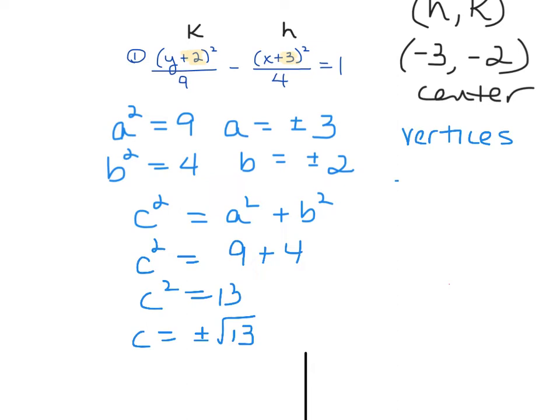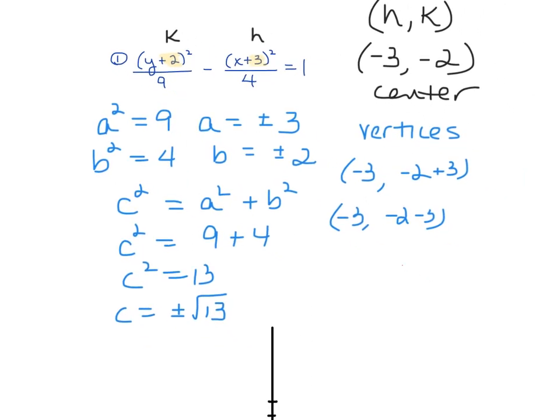So I'm going to take -3, comma, -2, and I'm adding 3, and I'm also subtracting 3. So the coordinates for my vertices are going to be -3, comma, 1, and -3, comma, -5. These are going to be my vertices.